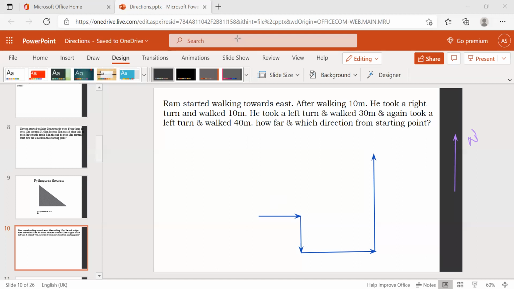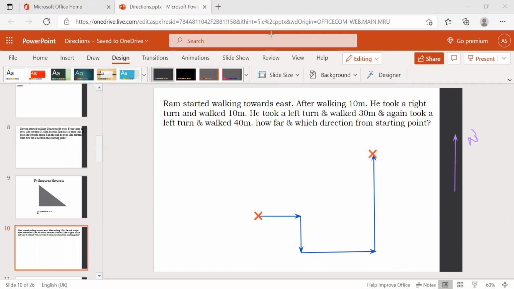So see here, where did Ram start? Here, and now here. So the distance between these 2 points we need to find out. Not like 10 plus 10, 20 plus 30 plus 40. Here, the shortest way between these two, like this. So this we need to find out.